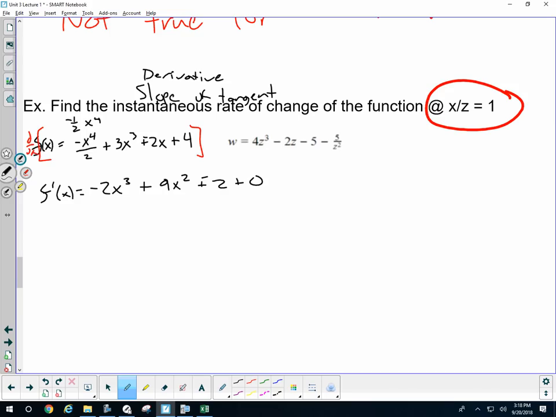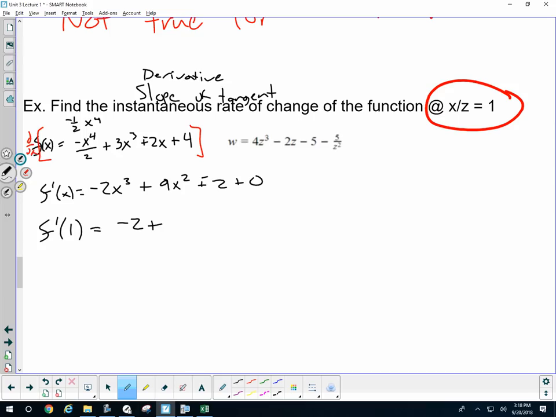Okay, great. What have I just quickly developed? The equation of the graph of all the tangents. You plug values into this. You get the slope of the tangent to the original function at any location that you choose. I want to figure out how quickly the function is changing at 1.